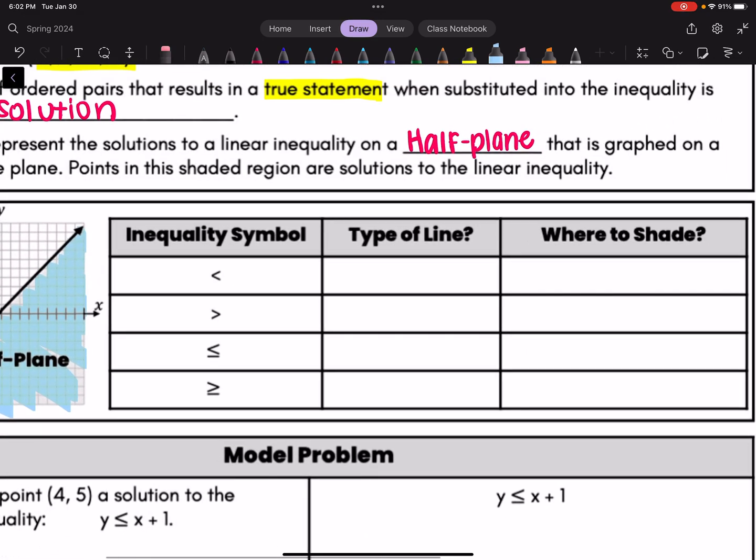Okay. So depending on the symbol that we have, there are four different ways that our graph can look. If we have a less than symbol, we would have a dashed line when we graph. So when we go to actually plot the line, we would use a dashed line. And since we want solutions that are less than the equation, we would have to shade below the line.